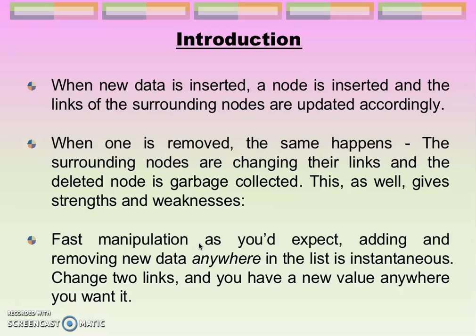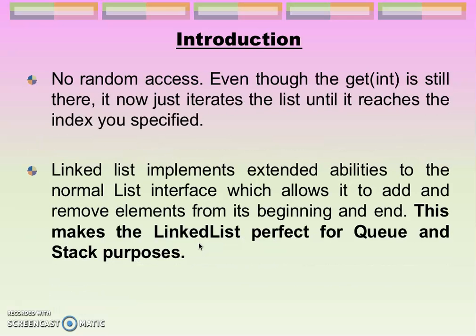Means that dia lebih cepat lah. But there is no random access. Even though the get by integer is still there, it now just iterates the list until it reaches the index you specify.